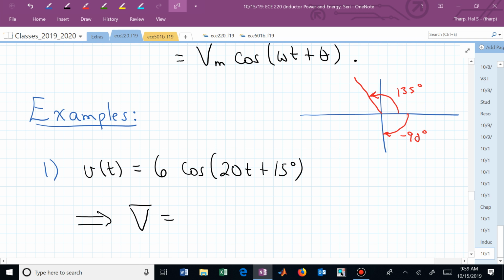V bar. This is a capital V, it's a bold V in the textbook. That needs to be a magnitude and an angle. And what would capital V be consistent with little v of t in the time domain? What's its phasor form or phasor representation?